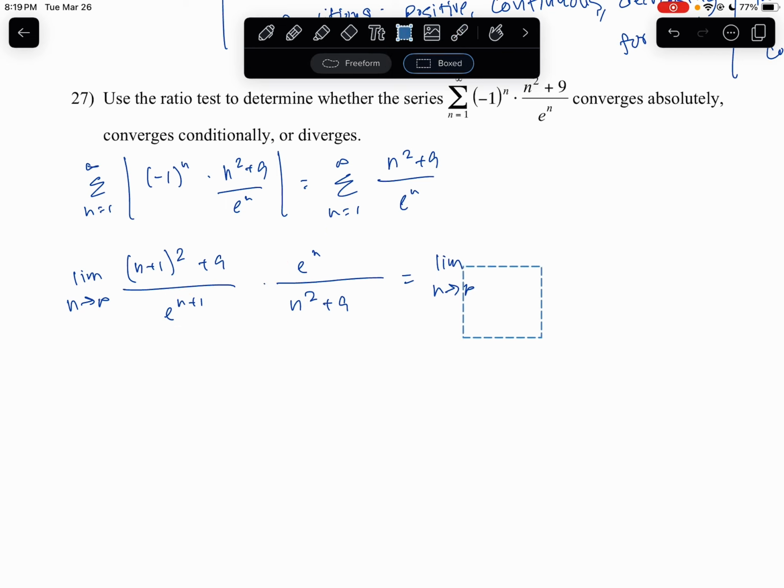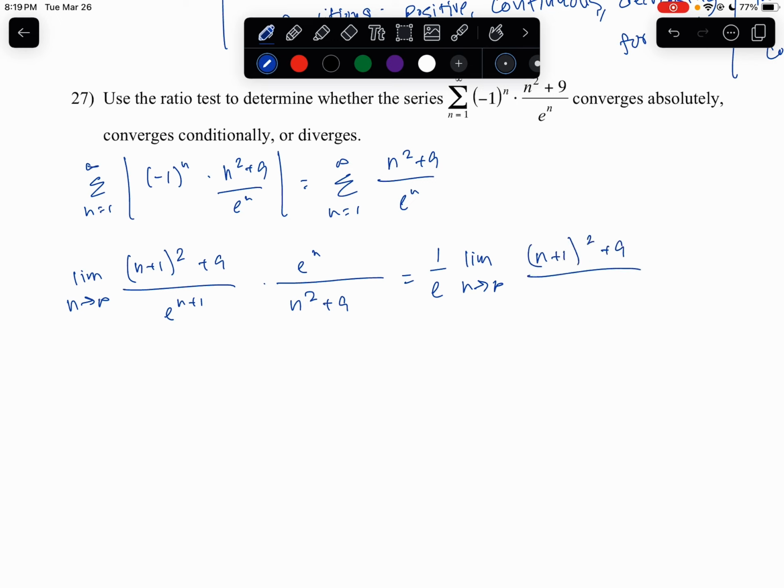I'm actually going to bring that out as a constant. So 1 over e. Then I'm going to have n plus 1 squared plus 9 divided by n squared plus 9. Both the numerator and denominator are polynomials of degree 2, which means the ratio of them is going to be equal to 1. So this will just be equal to 1 over e.